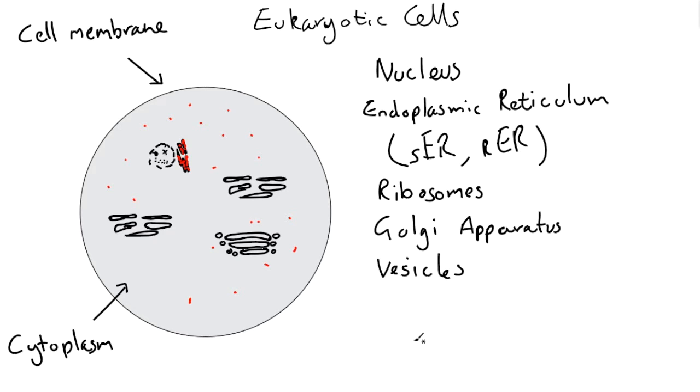The next thing I want to talk about is what's called the lysosome, or lysosomes, and these are even bigger circles than the vesicles or the ribosomes, and they're normally clear.